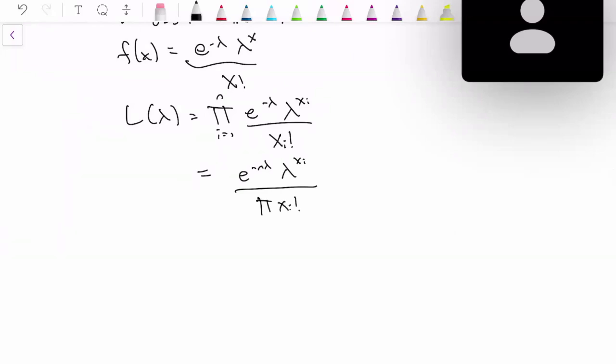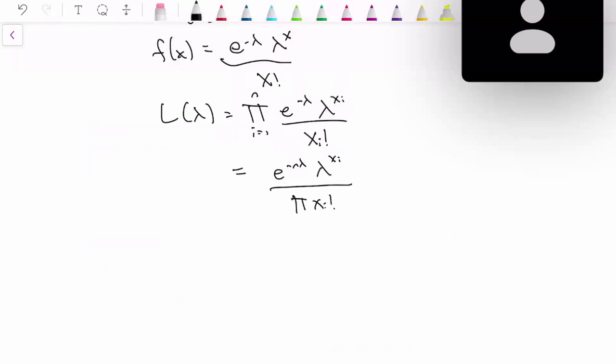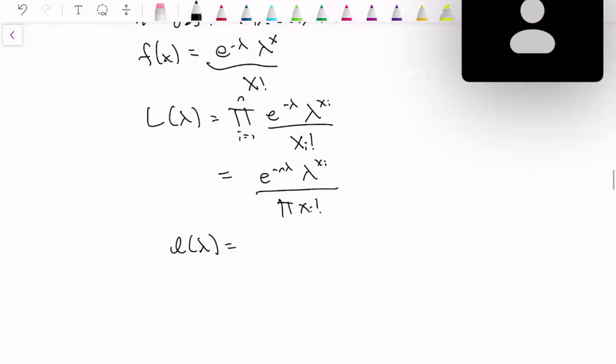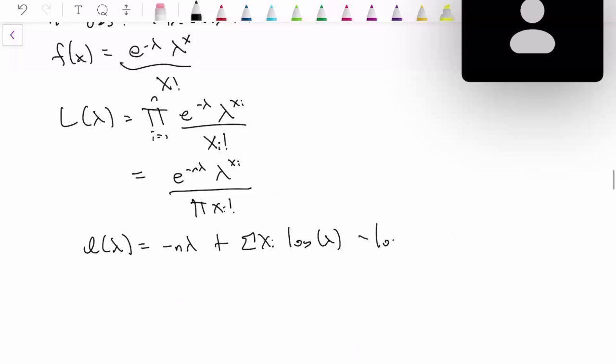So now we need to take the log likelihood. Taking the log, we'll get negative n lambda plus sum of xi log lambda minus log product of xi factorial.